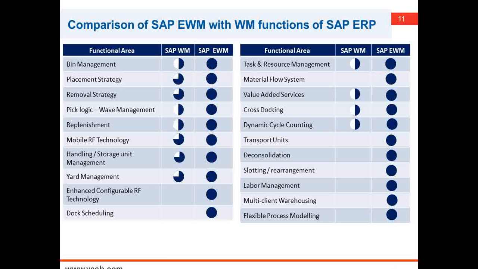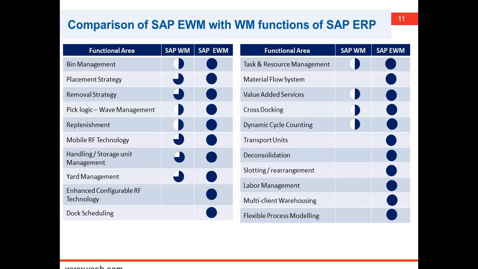The mobile technology has a framework that is more flexible, including things such as a wizard for modifying the mobile screens that includes adding fields, moving fields, hiding fields, that can be done by a regular implementation person without having to have ABAP programming knowledge. And then things like dock scheduling, slotting, deconsolidation, labor management are completely new within the EWM solution.